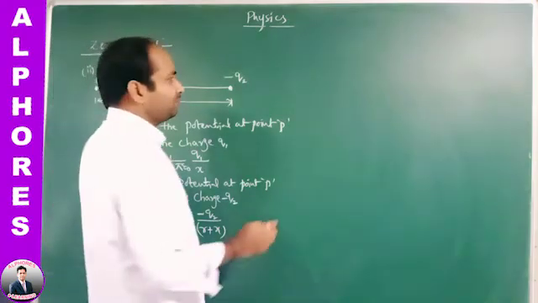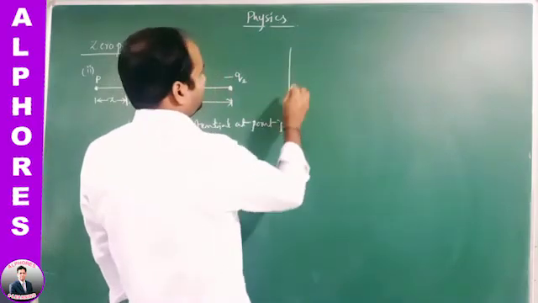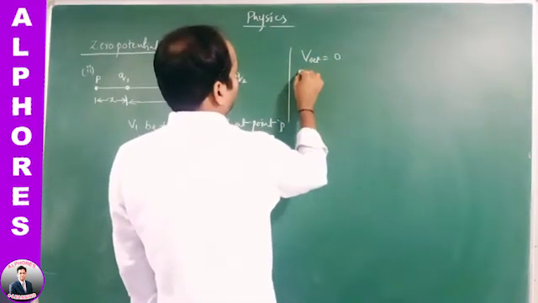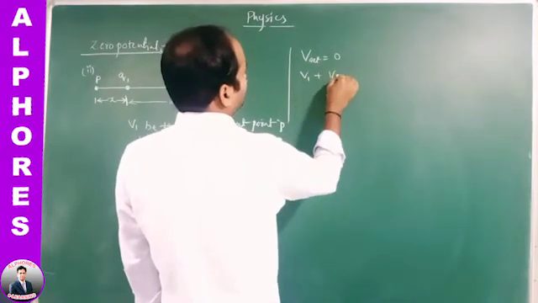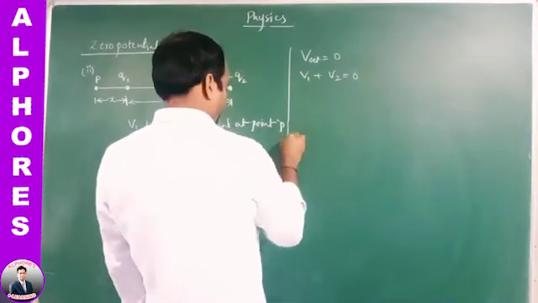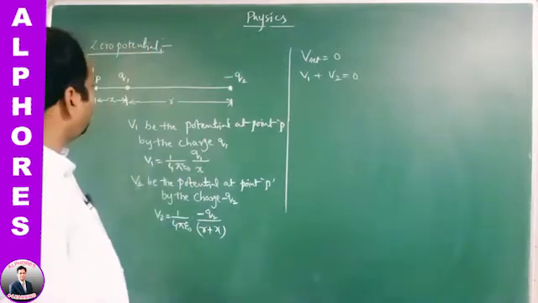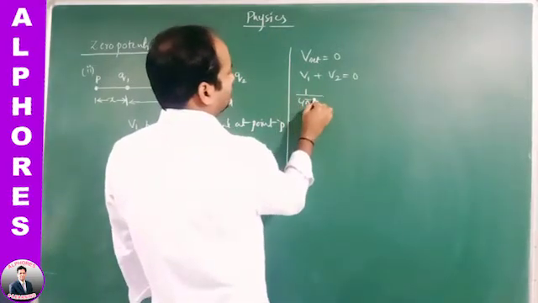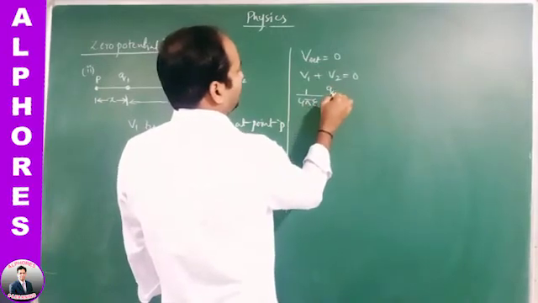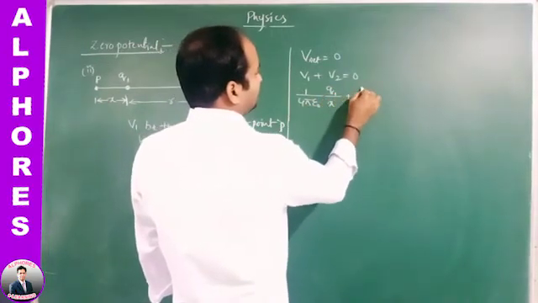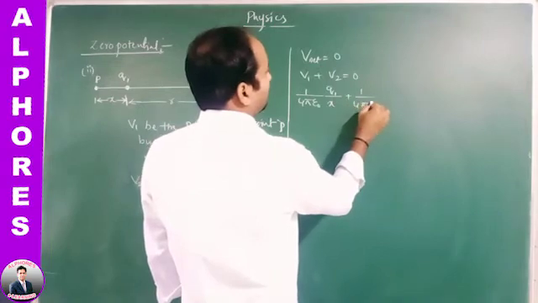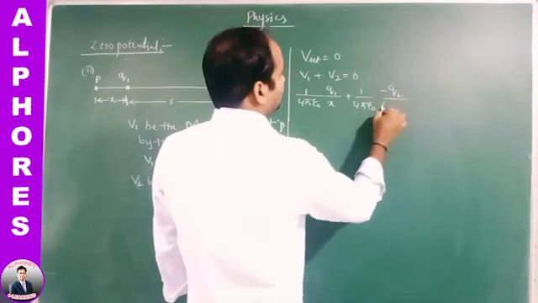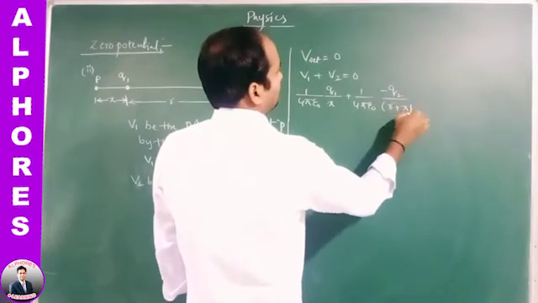But the net potential will be 0. V net is equal to 0, that is V1 plus V2 is equal to 0. The value of V1 is 1 by 4 pi epsilon naught q1 by x, plus 1 by 4 pi epsilon naught minus q2 by r plus x, is equal to 0.